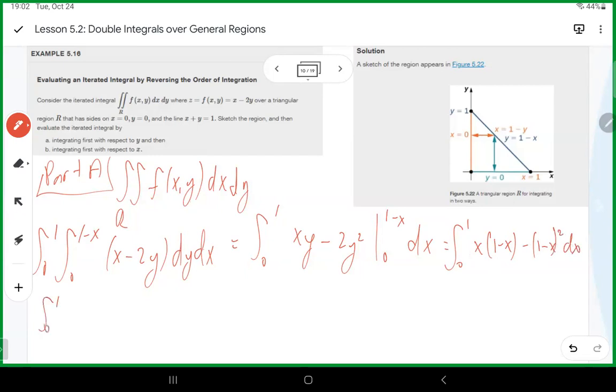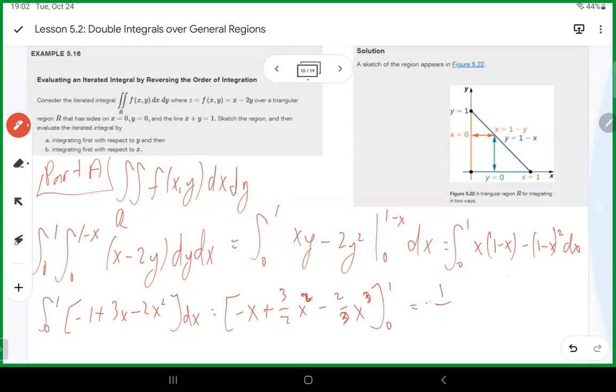So 0 to 1, negative 1 plus 3x minus 2x squared dx equals negative x plus 3/2 x squared minus 2/3 x cubed, 0 to 1.